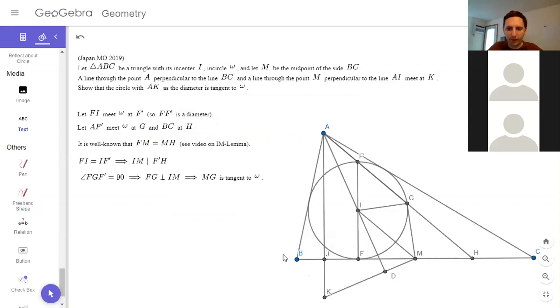And once we know that, what else did we show? So then IFGDM is cyclic.